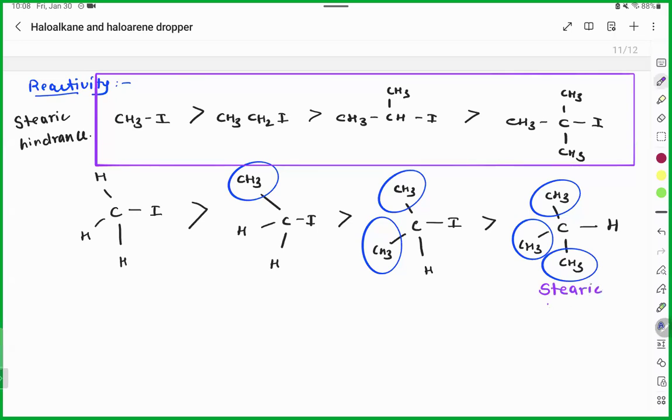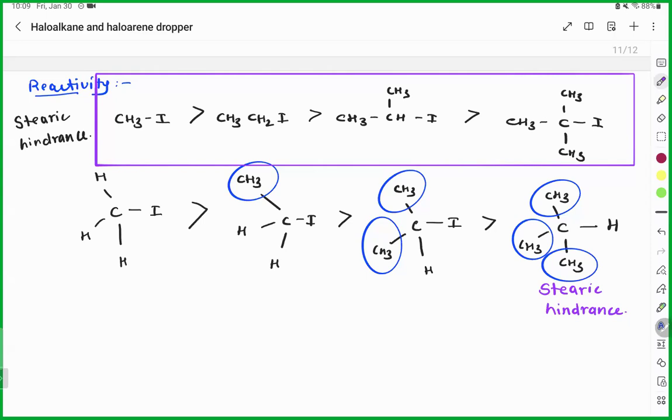So basically the SN2 reaction doesn't happen in the tertiary state. Yes, substitution doesn't occur. Because steric hindrance is the inhibiting part, it will stop the reaction. Any doubt? No, sir.